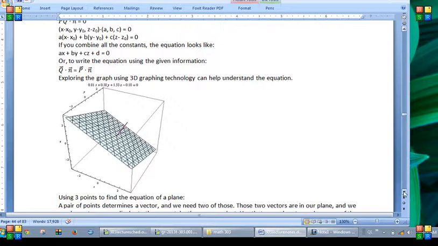Just like before, 2 points determine a line or a vector, now 2 points give us one vector, and a different 2 points give us another vector. And what can we do with those 2 vectors? Take the cross product.